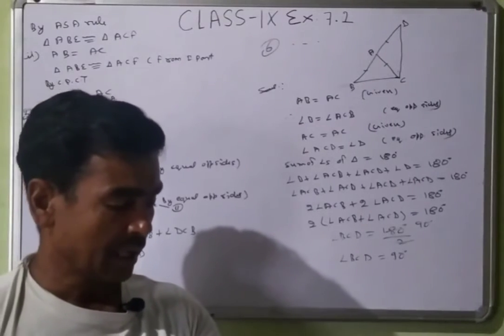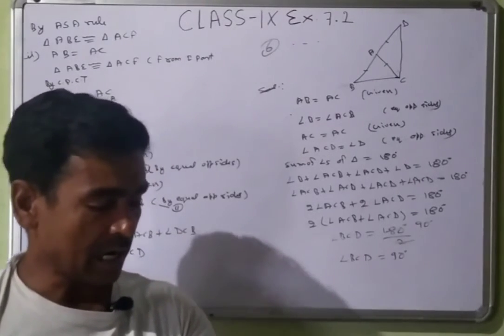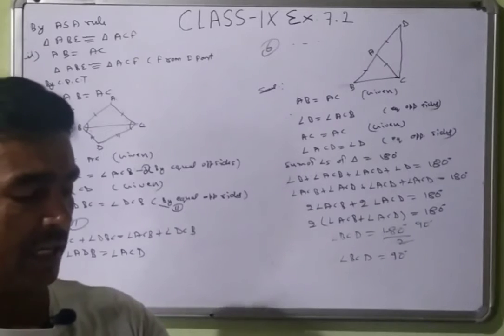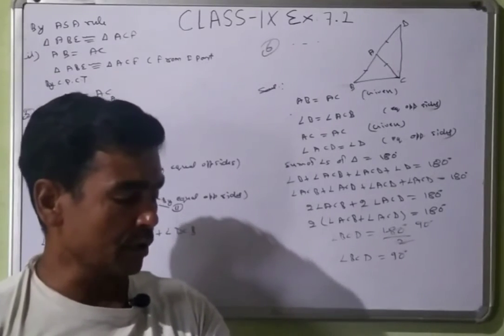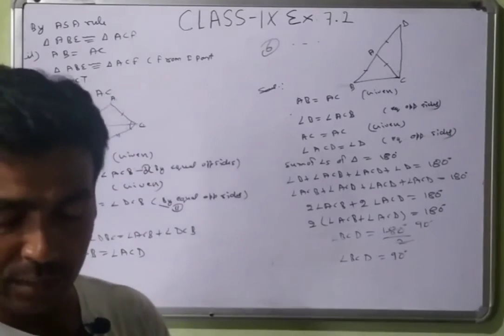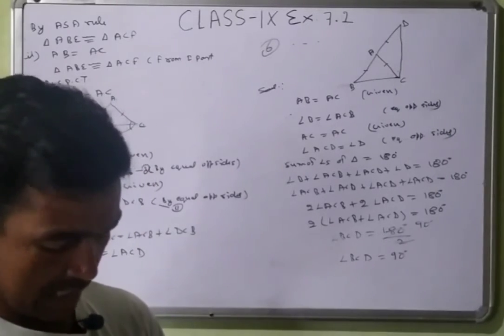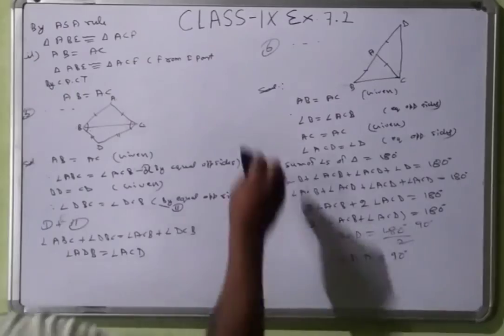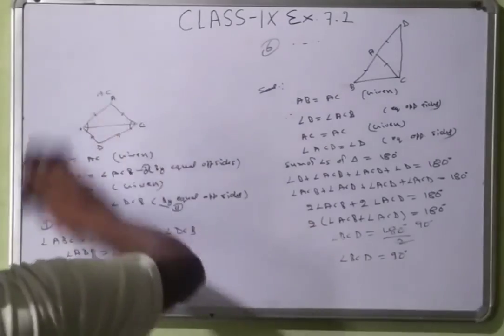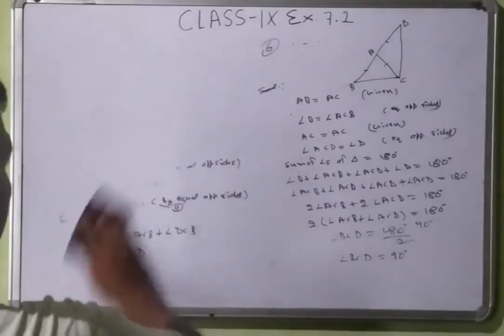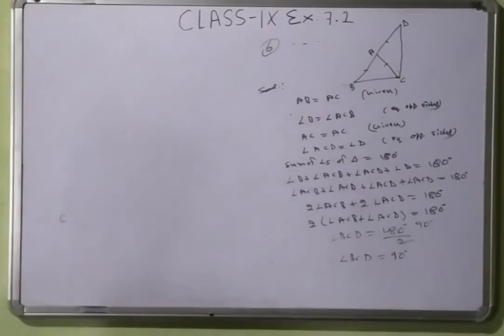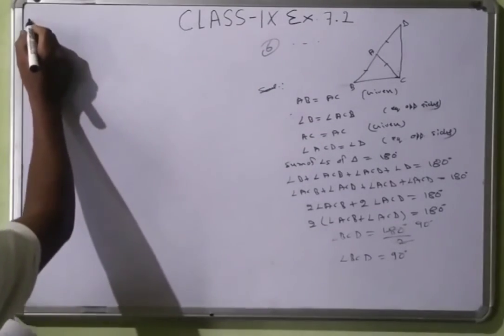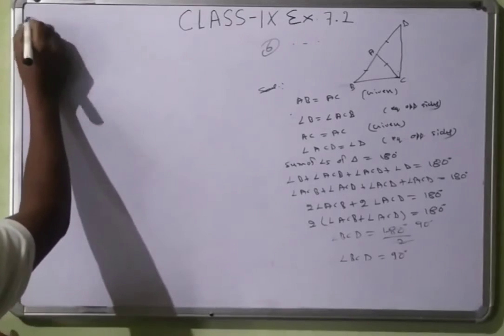Question number 7. ABC is a right angle triangle in which angle A is equal to 90 degrees and AB is equal to AC. Find angle B and angle C. This is also a very easy question. First of all, we will draw the triangle.